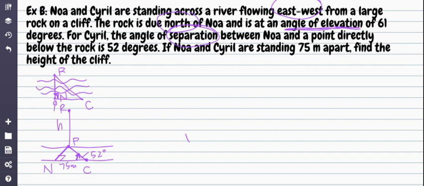There's one more thing that we do know, which is the angle of elevation. We're going to assume the river is horizontal because that's how water works. And so we can measure the angle of elevation for Noah right here. So this part, this here, is standing straight up.